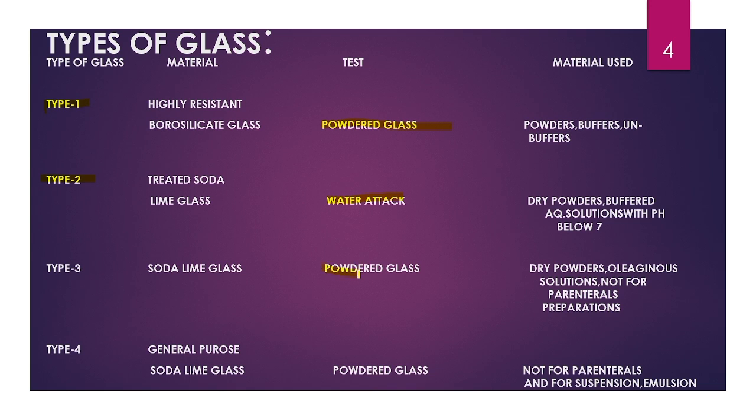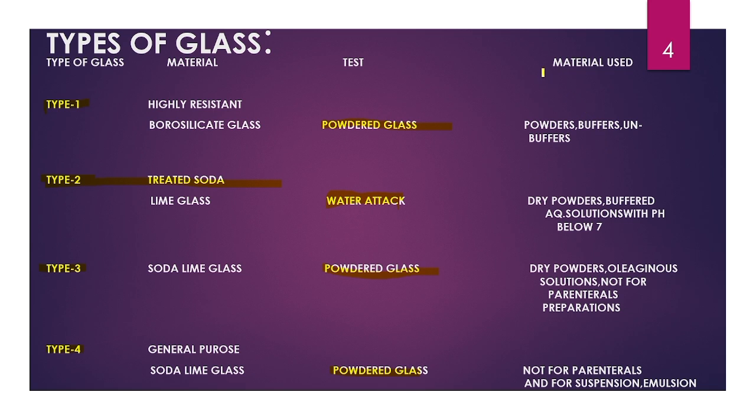The powdered glass test is also for type 3, and for type 4 we also perform the powdered glass test. For type 1, type 3 and type 4 we use the powdered glass test, whereas type 2 glass needs the water attack test. It will be different from all the 3.